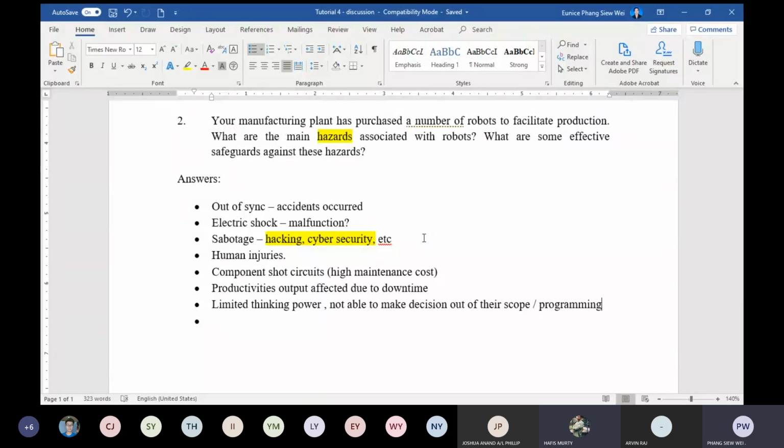Miss, what about mechanical defects, mechanical failures of the robot, as a hazard? Yes, possible. Okay, improper installation, that's a good one.